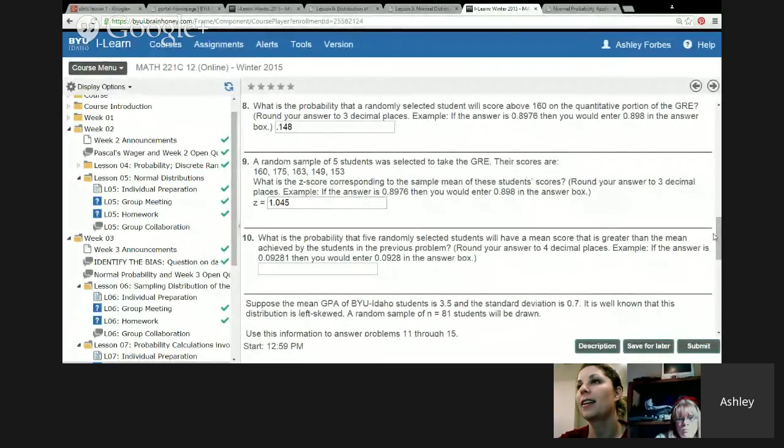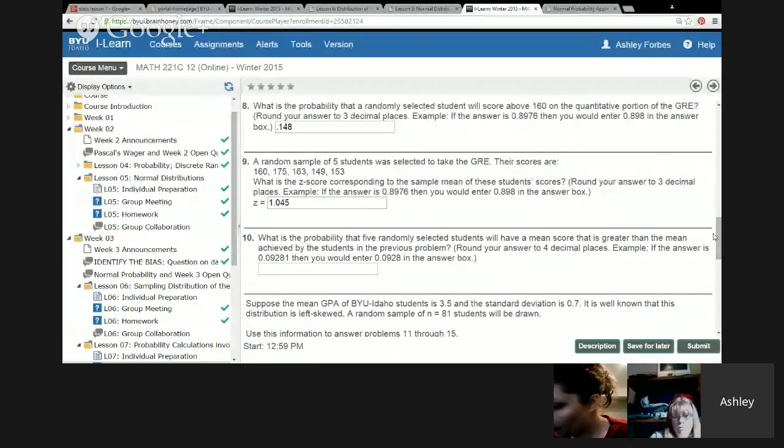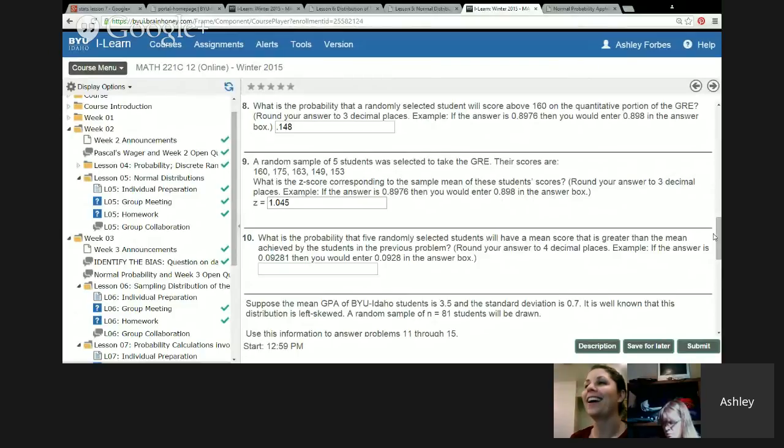That is not what I got. I got like 3.9. What number goes under the square root? 5. Okay, that's what I thought. Now I got 4.114. I got 3.935 again.